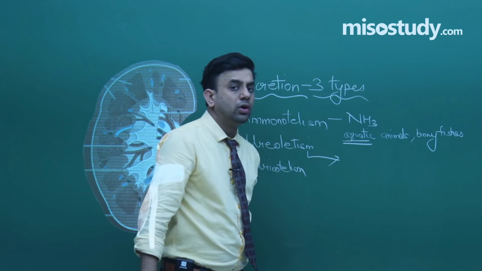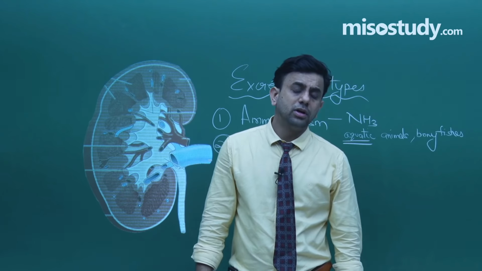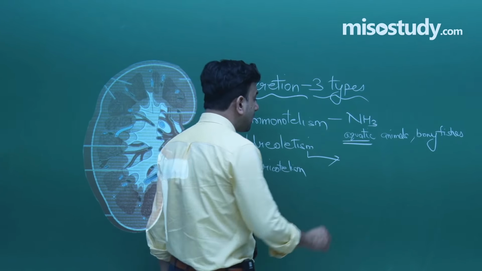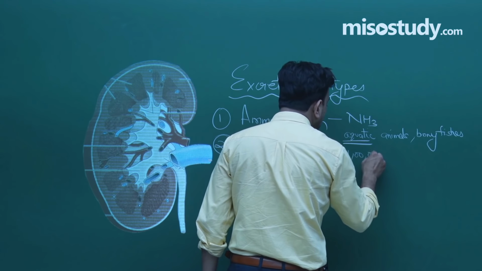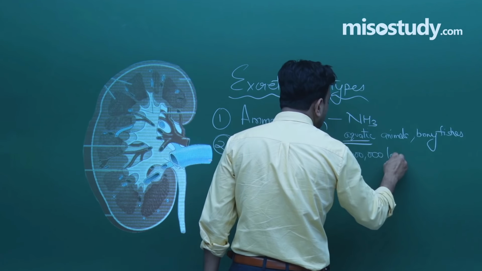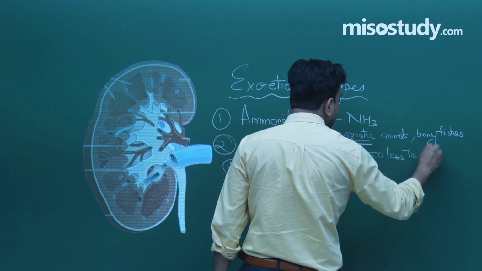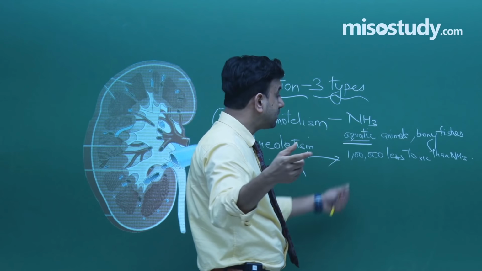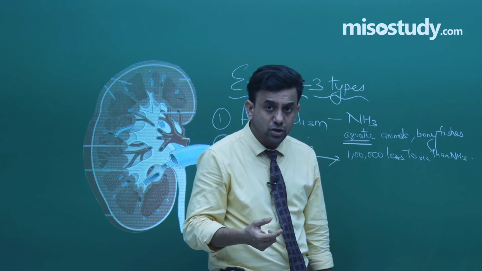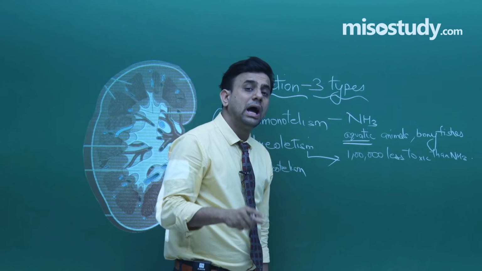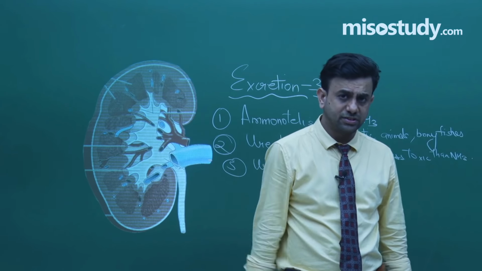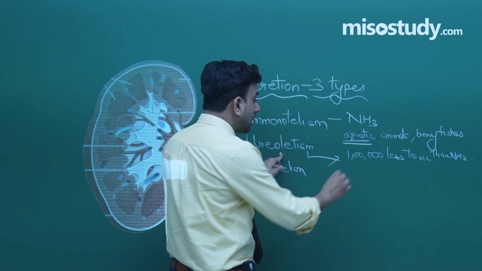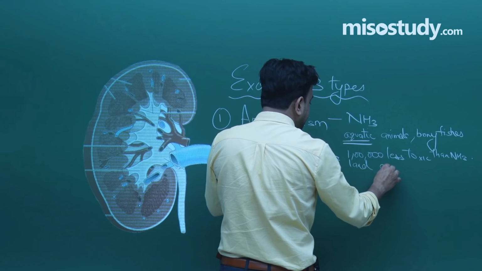Ureotelism. Urea is insoluble in water. Urea is about 1 lakh times less toxic than ammonia. So, it can be stored in the body for a little longer time than ammonia because it is 1 lakh times less toxic. It is insoluble in water, and hence most of the land animals adapted this type of excretion.